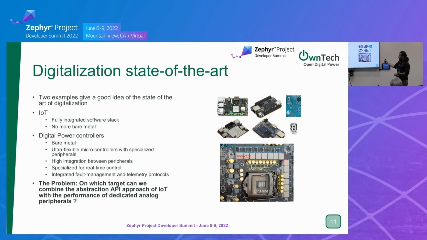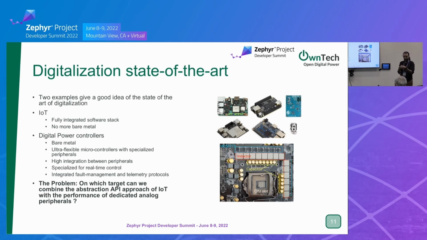Another digitalization that's taking place, if you look into power electronics, is digital power controllers. They are still bare metal, but they are super flexible microcontrollers with very specialized peripherals. They have high integration between these peripherals, specialized real-time control peripherals, and integrated fault management and telemetry protocols.